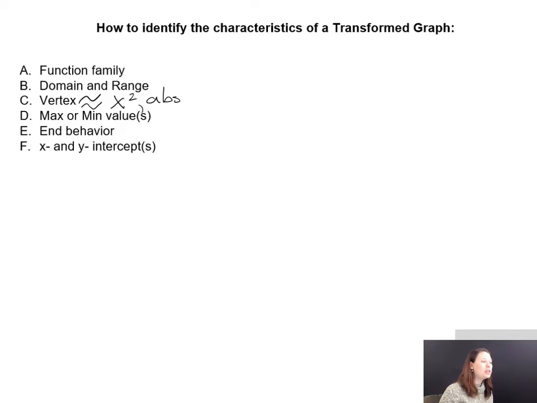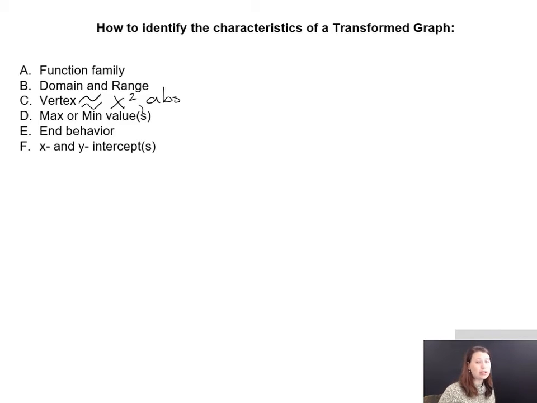So we have some of those different things on multiple of our family groups. But we don't always just have a minimum like we saw in the parent graph. Sometimes we could have flipped the graph around and now we have a maximum. So just be careful thinking about what's happening to the parent. So what changed? Then you can think about its end behavior. Which direction do we think the end should go in? Did it change or should it be the same as the parent graph?